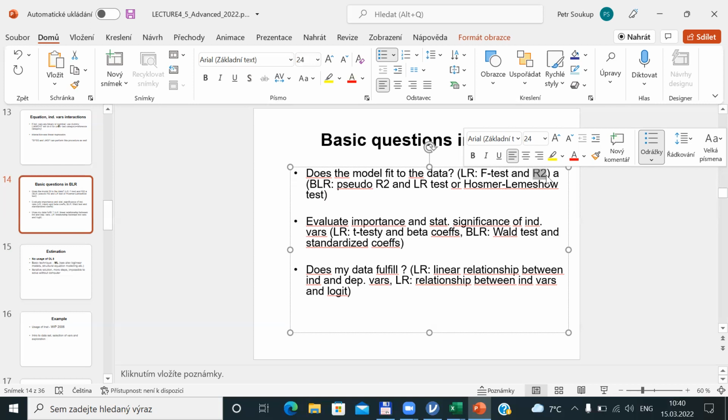So we would forget about the concept of variance currently, and it means also that these pseudo R-squares will not be interpreted as a percentage of explained variance. So no multiplication by 100 and no explained variance, but a slightly more difficult interpretation.